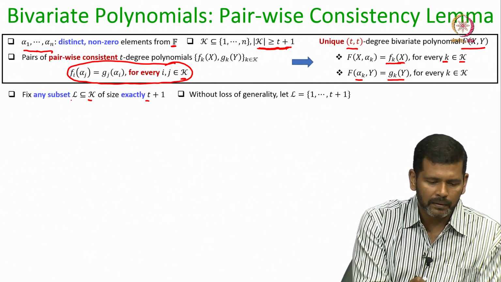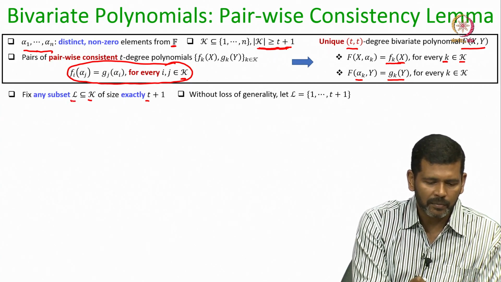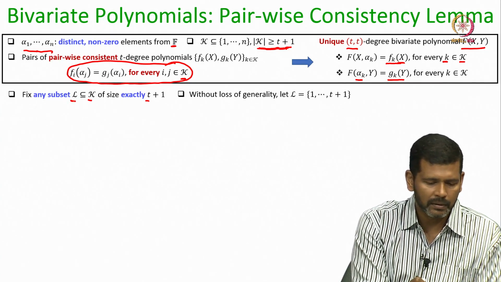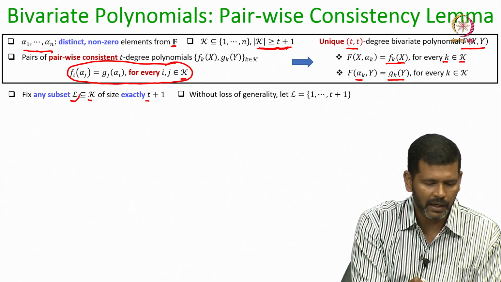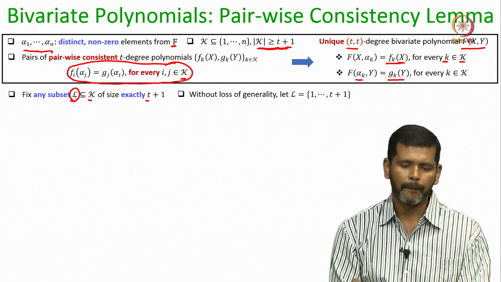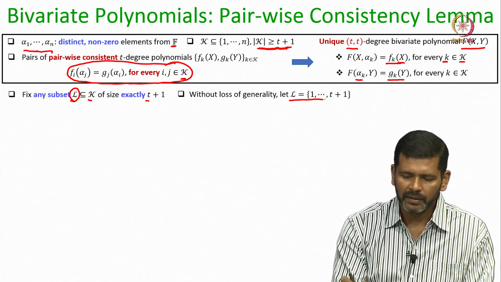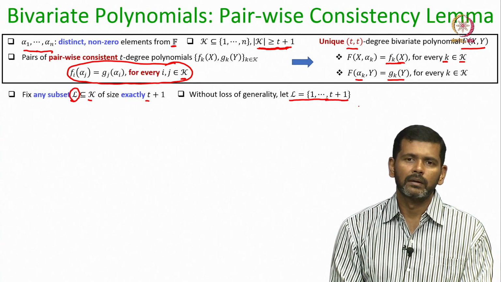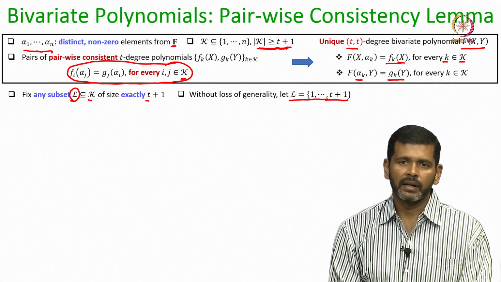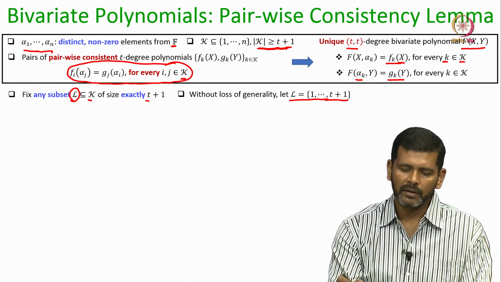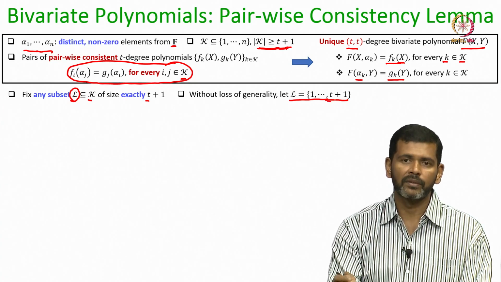The indices corresponding to those t plus 1 univariate polynomials I am denoting as fancy L, and again without loss of generality and for simplicity assume that those t plus 1 pairwise consistent x and y univariate polynomials correspond to the first t plus 1 indices.